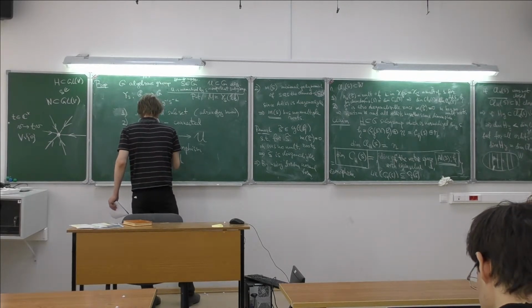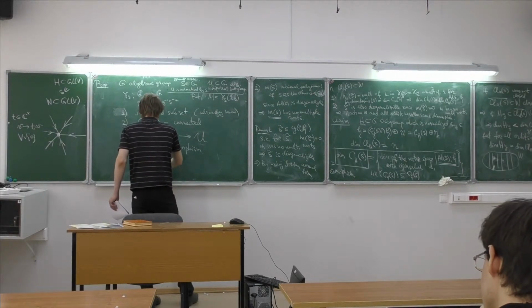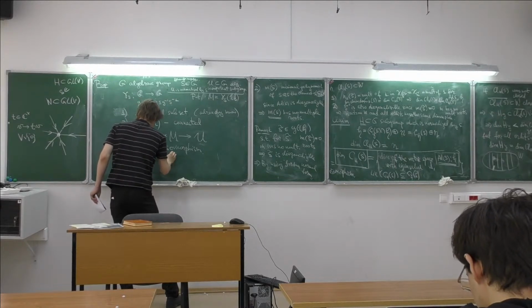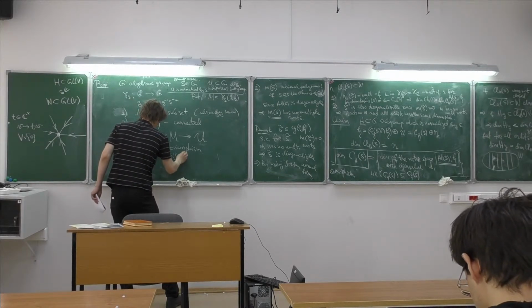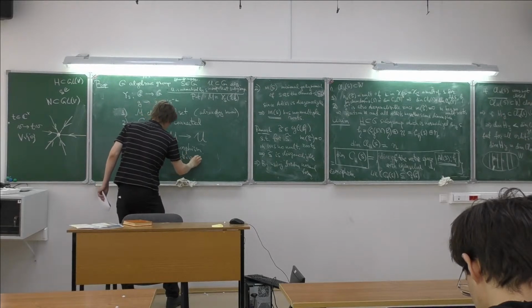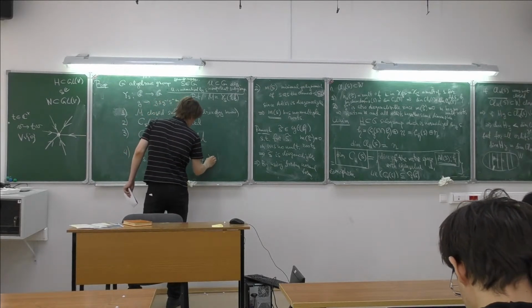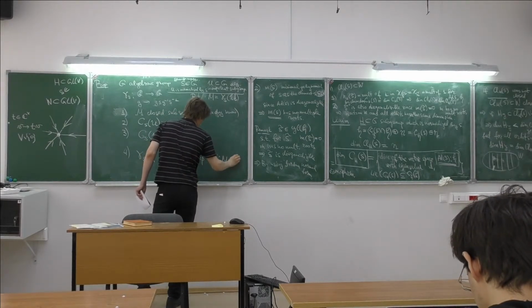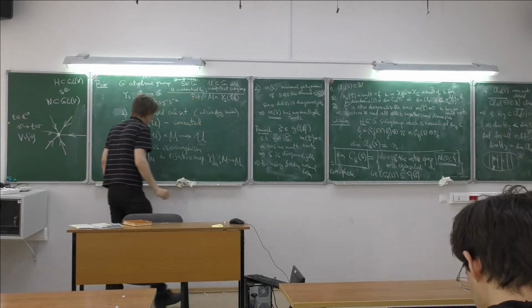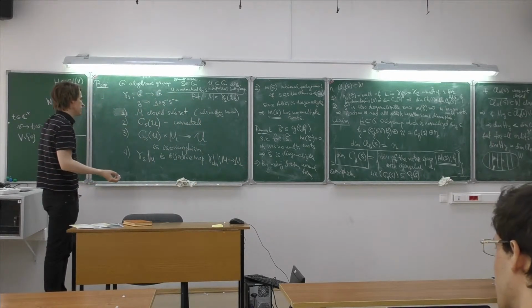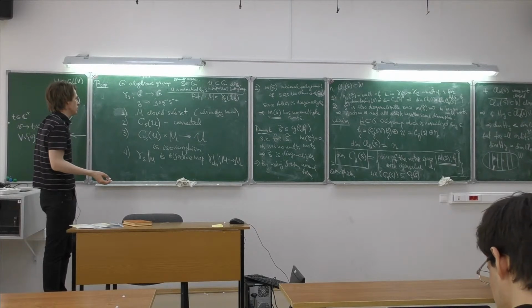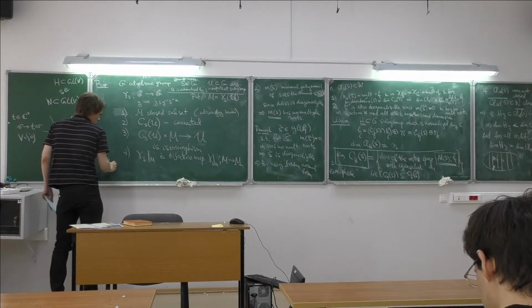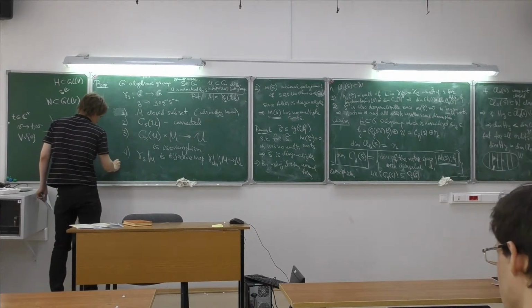So the restriction of gamma S to M is a bijective map from M to M. And we are working here over an algebraically closed field.